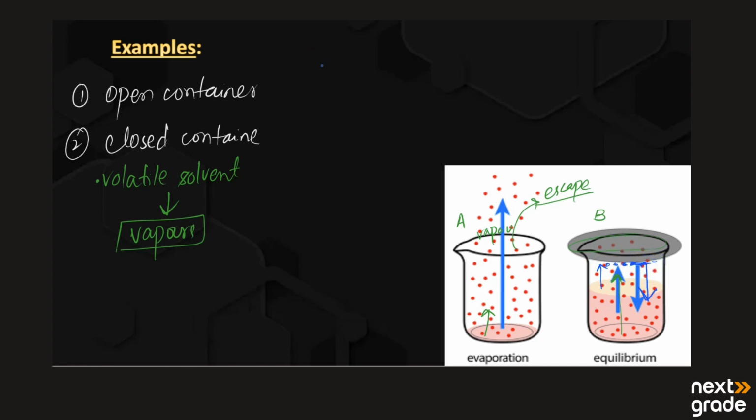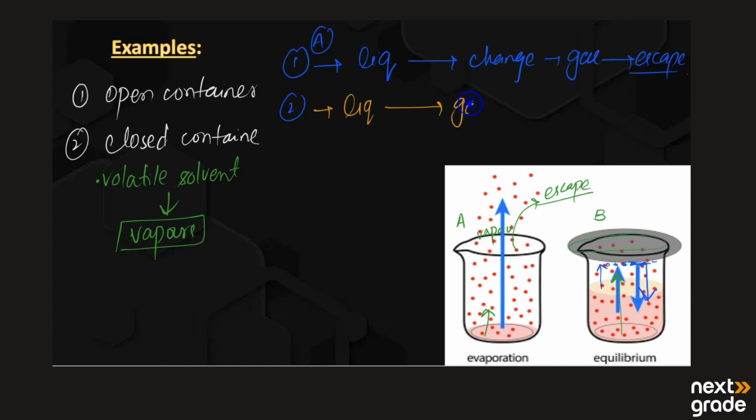It means first the liquid changes to the gas or vapor phase, and in container A these vapors escape to the atmosphere. But in container B the liquid changes into the vapor phase, and then the vapor condenses back and changes into the liquid phase.